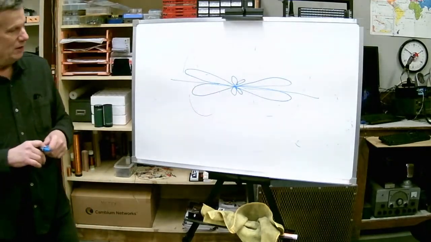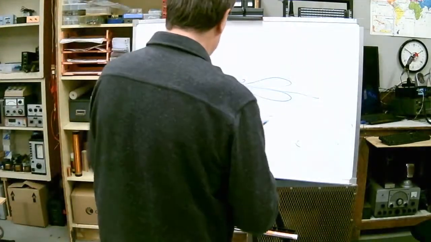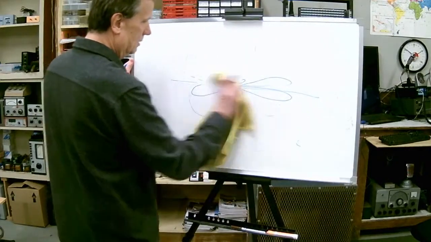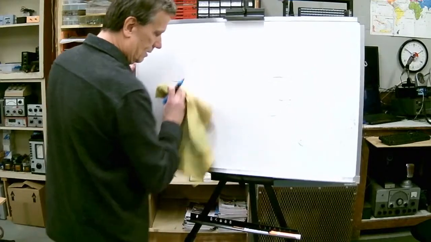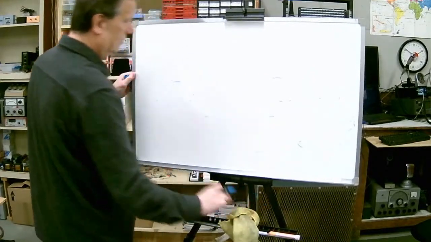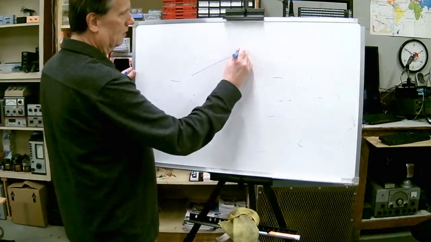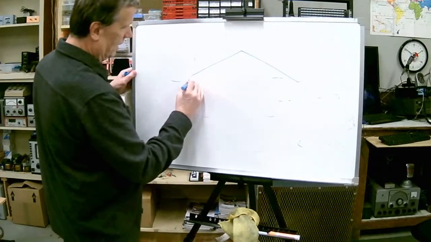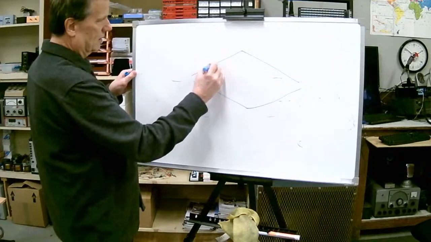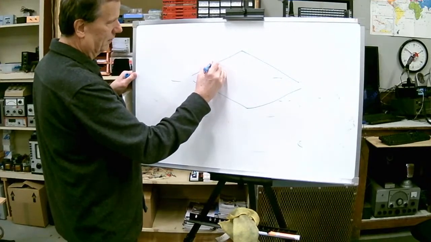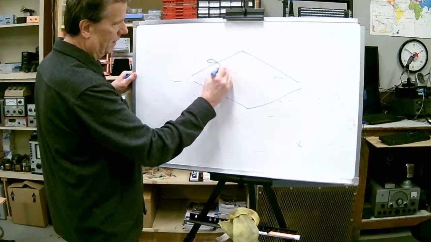So what you can do here is put 4 of these together, and we can adjust these angles here. Let's say each of these is 4 wavelengths long, so each one would have a radiation pattern that looks like this.